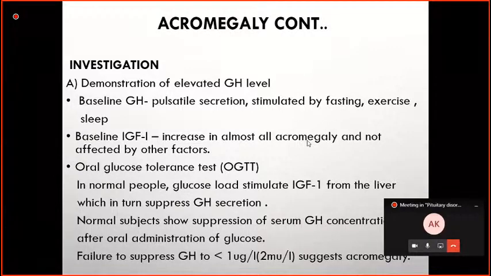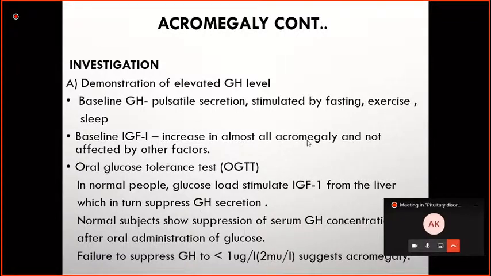One of the ways to suppress growth hormone is by giving glucose. Remember, just now I showed you in the diagram, one of the factors that can decrease growth hormone secretion is glucose. Glucose increases somatostatin, and somatostatin inhibits growth hormone.